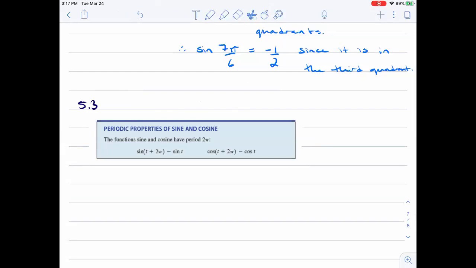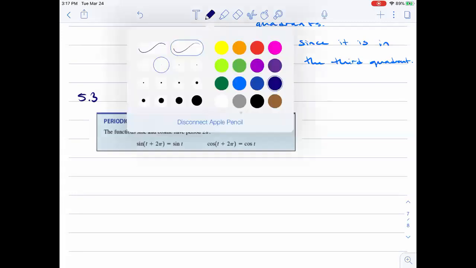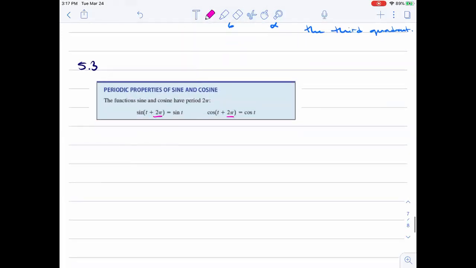So sine and cosine, we talked about them, and you're probably familiar with sine and cosine anyways, but they're periodic. And so if you've moved a distance of 2 pi, you end up at the same value that you would have started at if you just started on sine.